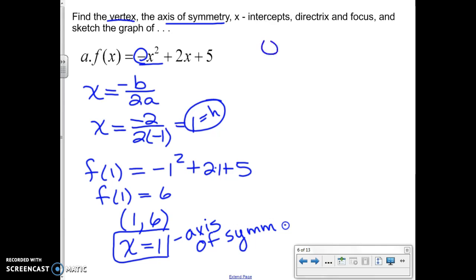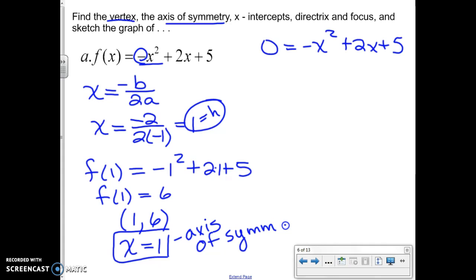I'm going to choose to go 0 equals the opposite of x squared plus 2x plus 5. It's not going to factor. So we're back into x equals the opposite of b plus or minus, this is the quadratic formula. I'm not going to do the whole song because I'm being recorded.